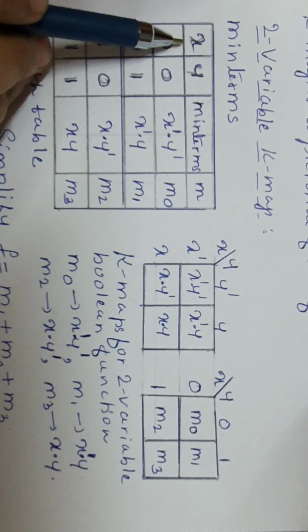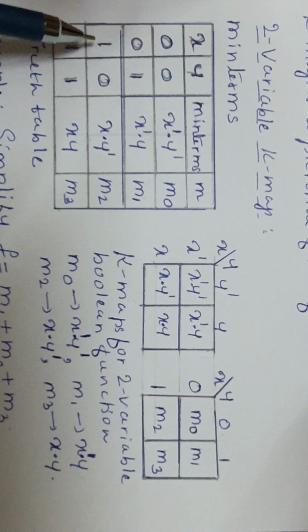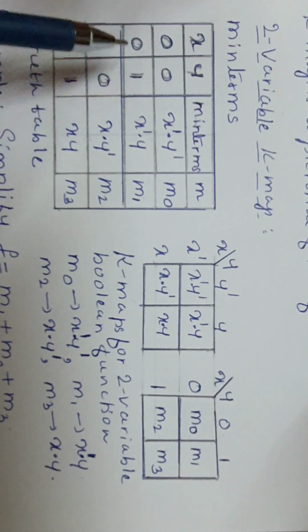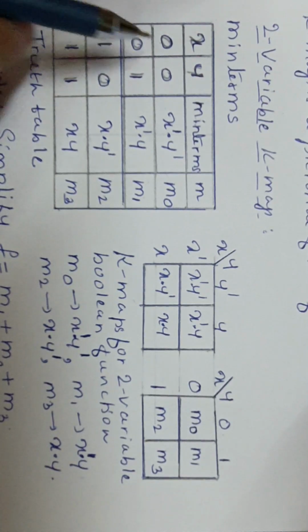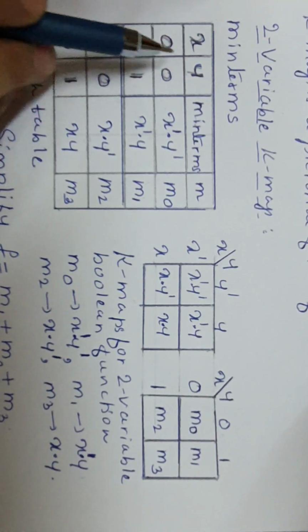The variables in a boolean equation can have only two values, either logic 0 or logic 1. For any two variable boolean function, there can be four combinations of input variables. So x and y are called input variables here, right?